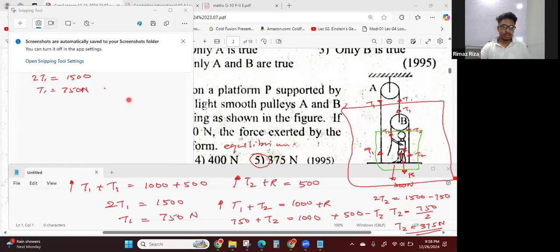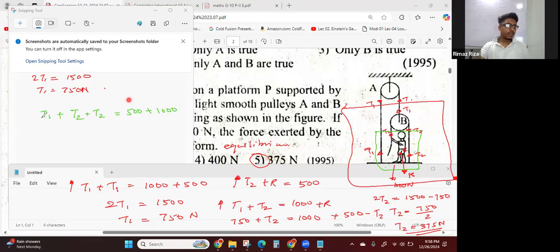If I consider this system, the boy and the platform again, what are the forces acting there? Vertically upward P1, and here vertically upward P2, and here also vertically upward P2. And the downward forces are the weight of the boy, 500, plus the 1000 weight of the platform.